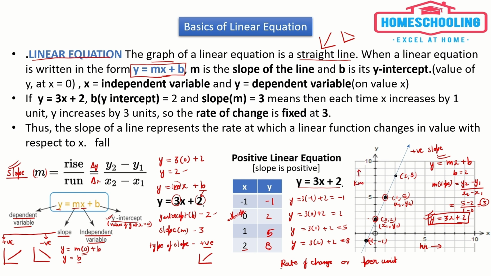So if in the question it is asked what is the rate of change in speed, or what is the speed, or what is kilometer per hour, so whenever rate or per is given in the question, then you have to find slope. Now this was an example of a positive linear equation where slope m was positive.